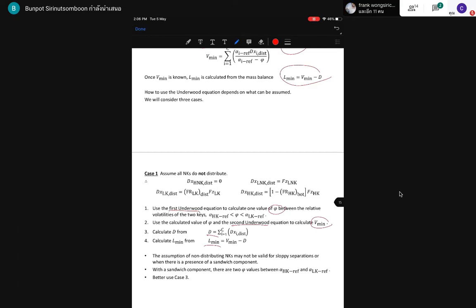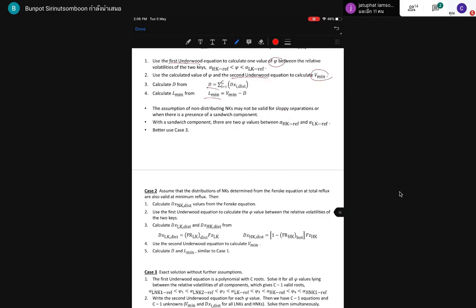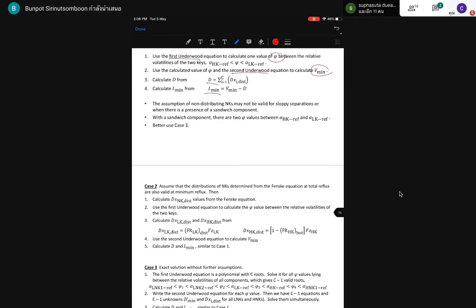L over V, yes, the reflux ratio. This is case one, and case two is when you don't assume complete separation, but you use the Fenske equation together with the Underwood equation. In case two, you don't assume complete separation of light non-key and heavy non-key.